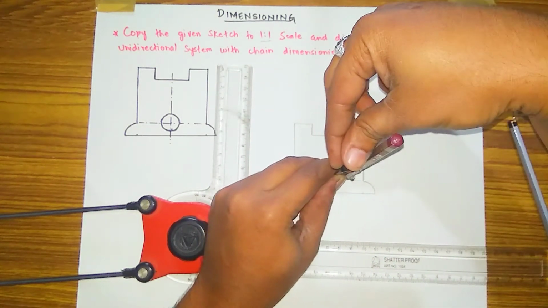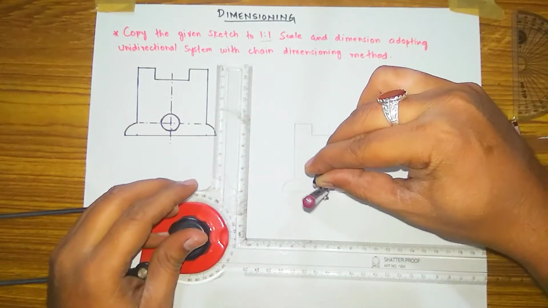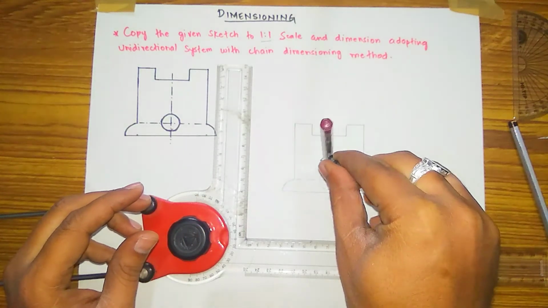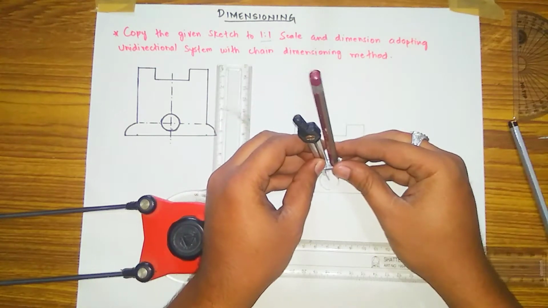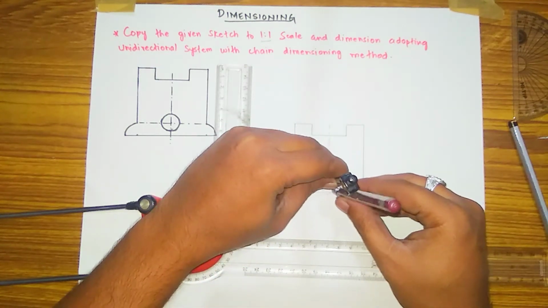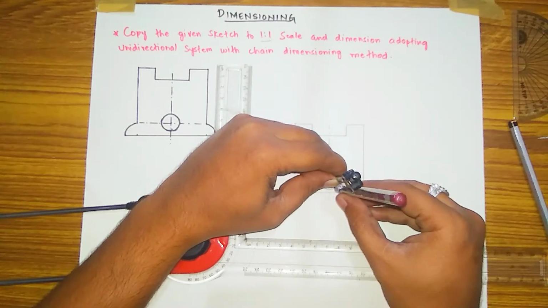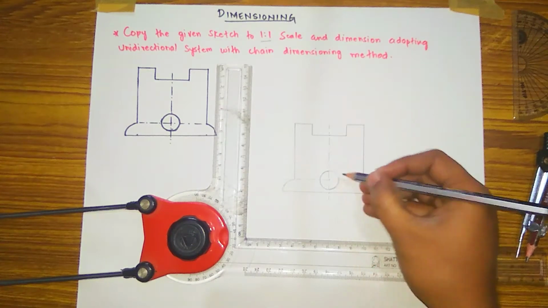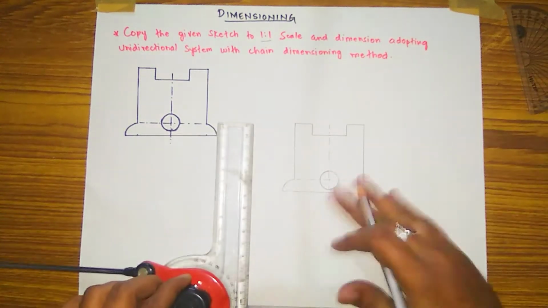After measuring 7.5 mm on the divider, draw the circle. Okay, I will darken it for you. The circle is also drawn.